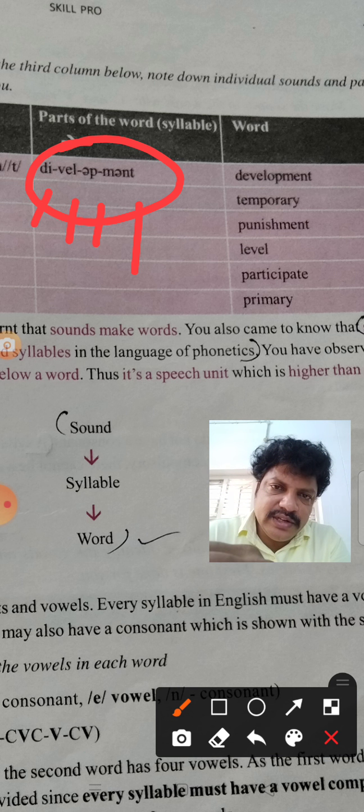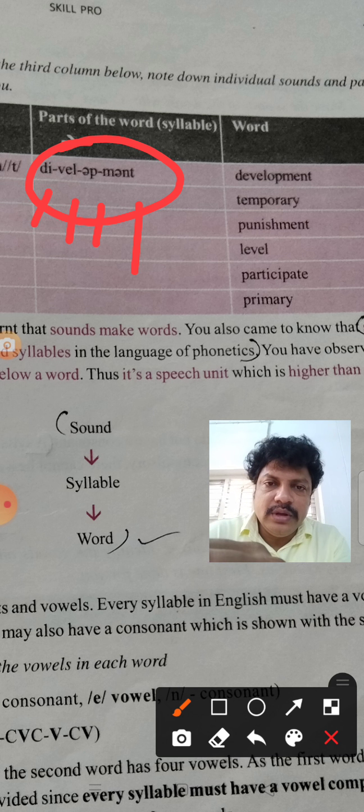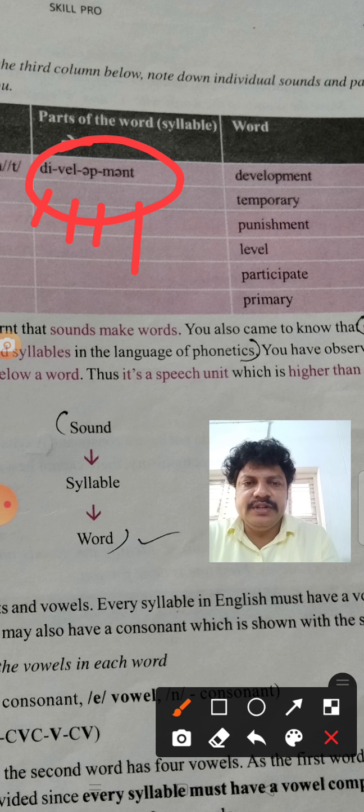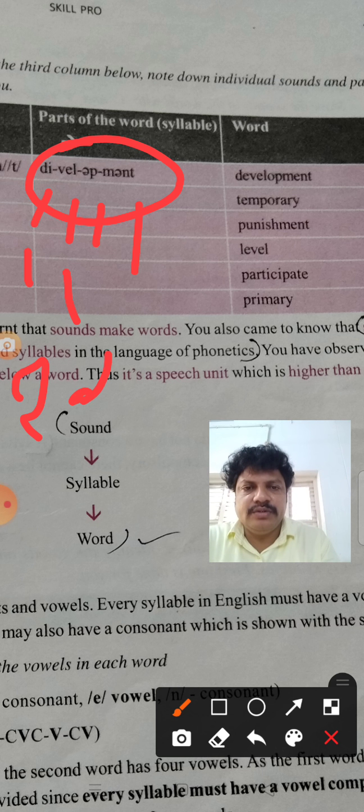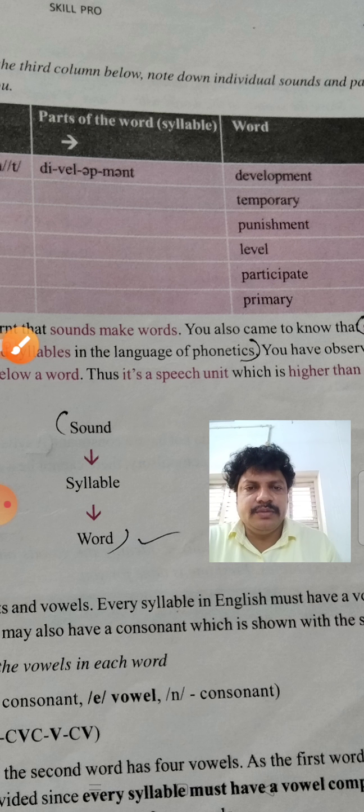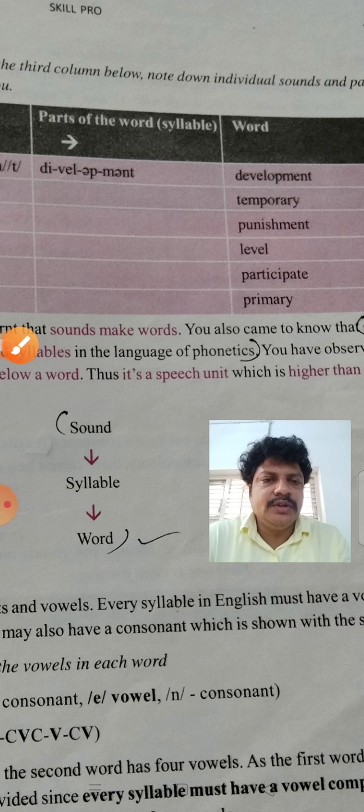We can divide it. D-e, one syllable, in which the e sound, a vowel sound, is there. Vel, the second syllable. Op, ment. Development has the e sound, e sound, o sound, and e sound. There are 4 syllables.